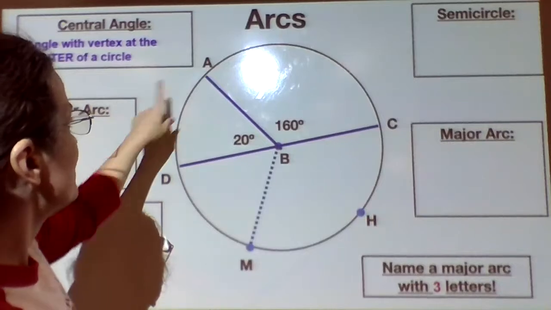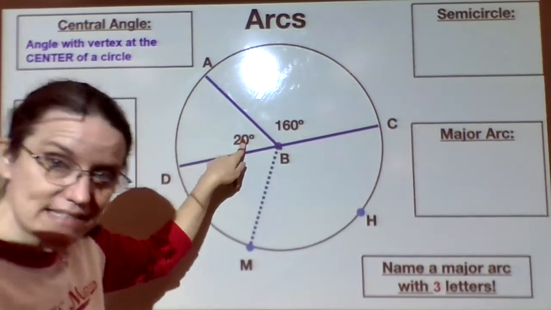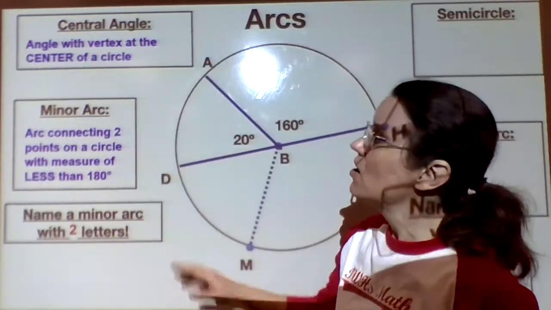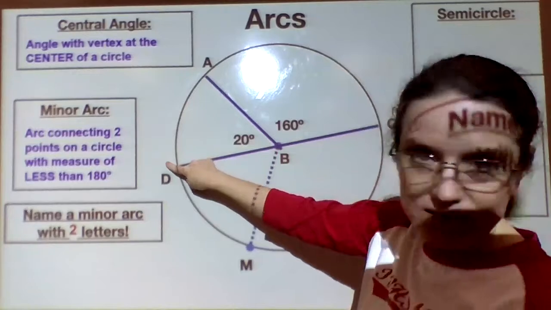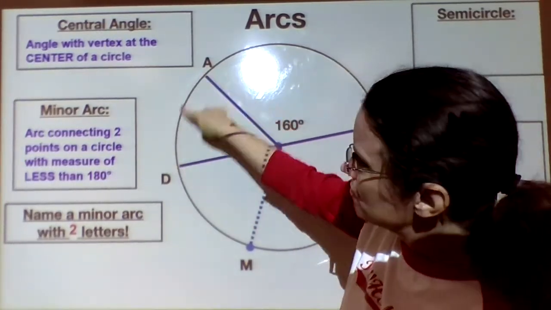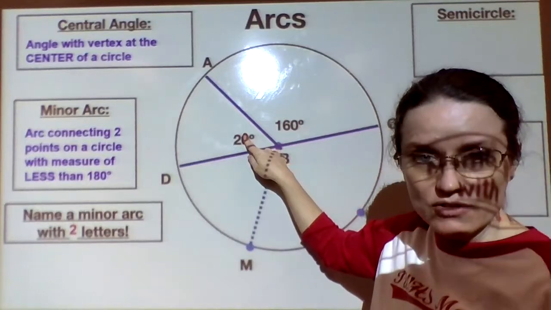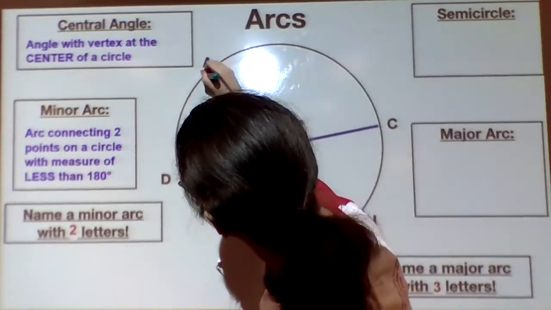Okay? Now, if you have an arc that is cut off by an angle less than 180 degrees, we call this a minor arc. So it connects 2 points on a circle, and the angle made of those 2 points is less than 180. This is called a minor arc right here.